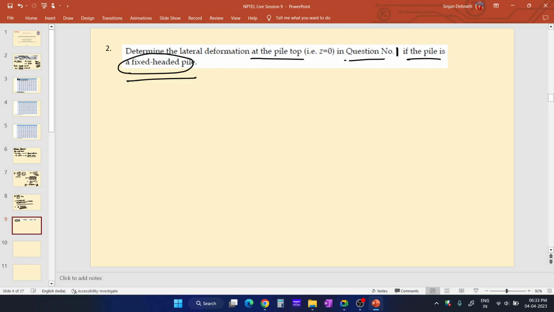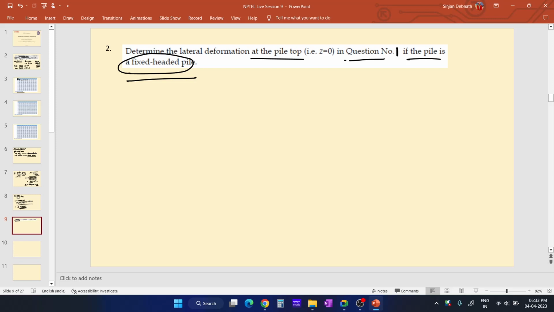So basically in case of a fixed headed pile, the pile cap will provide a counteracting moment which will try to counteract the lateral deformation which is being caused due to the horizontal load.